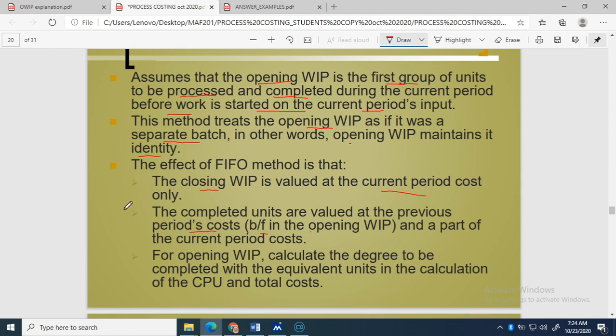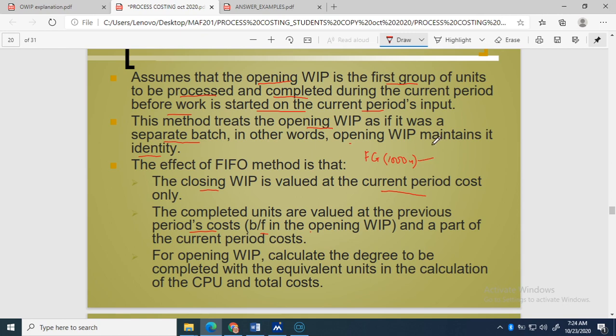Okay, let's say in the current period we have finished goods. Let's say we completed 1,000 units during the current period. From the 1,000 units, partly they continue from the last accounting period.